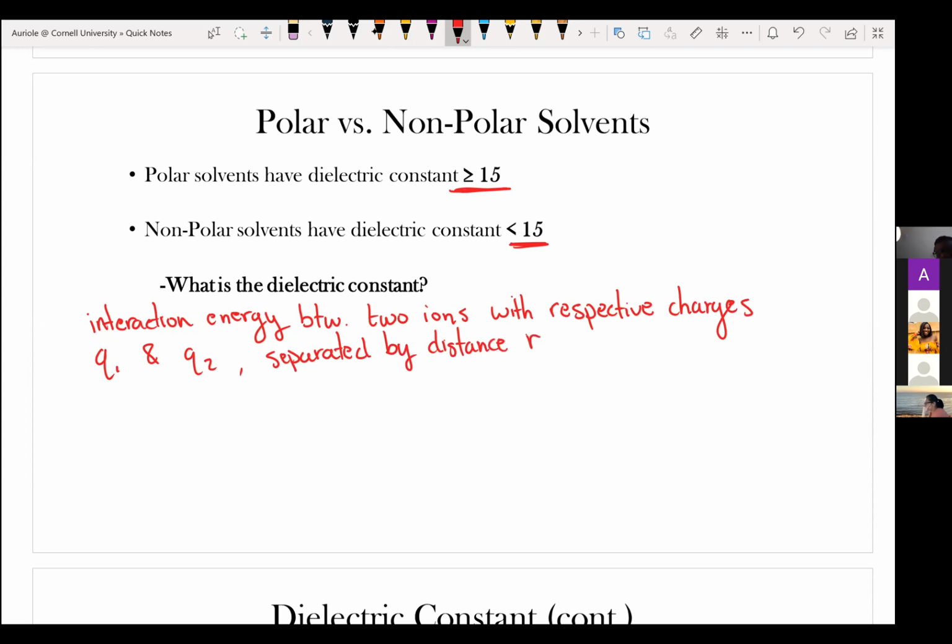And it is going to measure the ease of separating those charges.